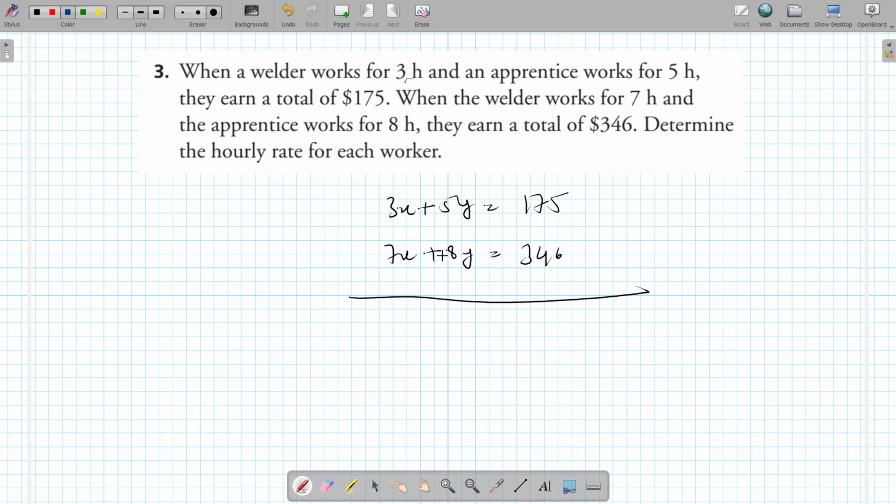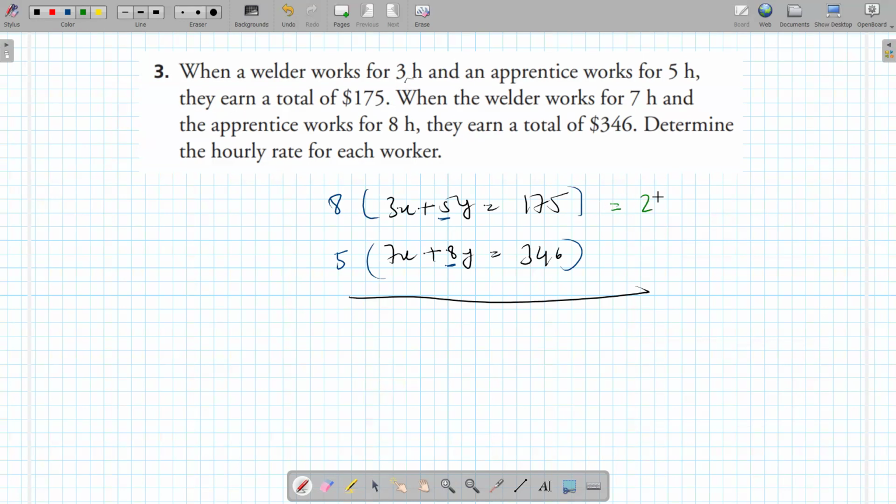Let's kill y. To kill y, that means you need to make both of these coefficients the same. You need to multiply the top equation by 8 and the bottom equation by 5. Basically, the goal is to have the LCD be the same.